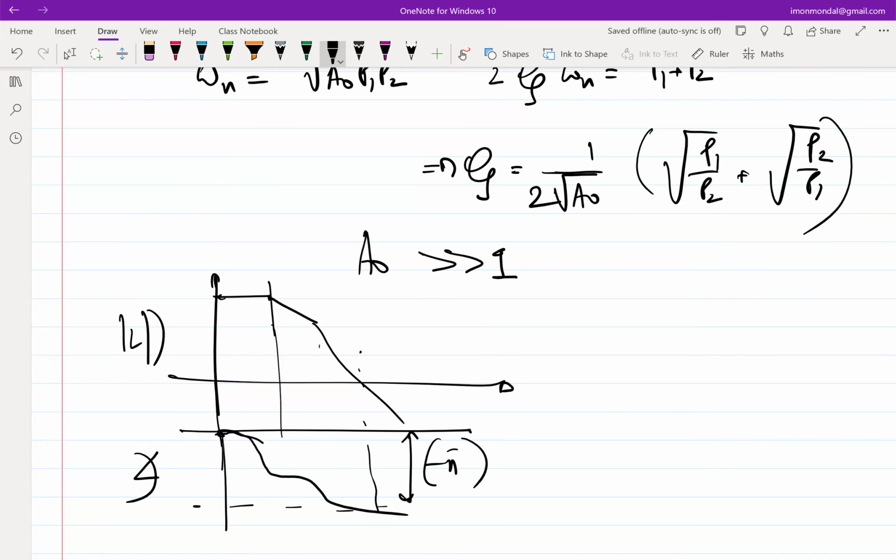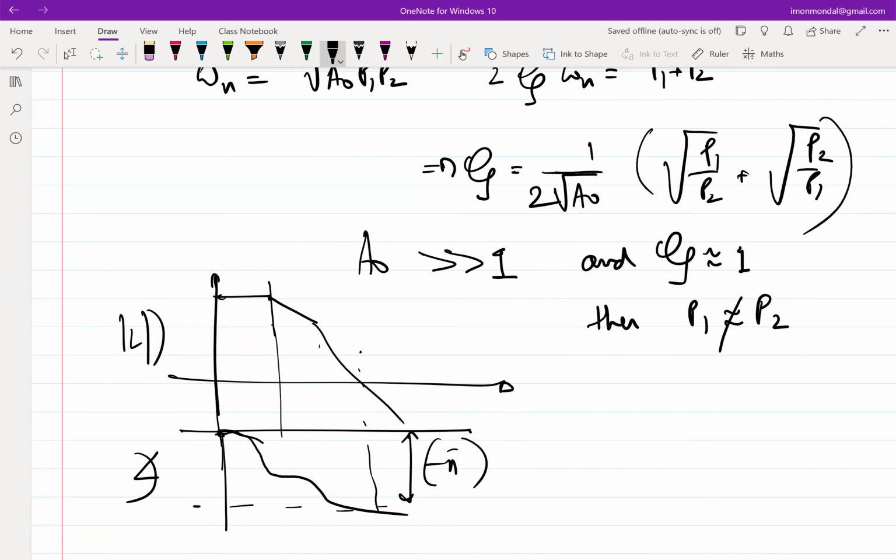So these two observations correlate, right? So if A0 has to be much greater than 1 and zeta has to be approximately equal to 1, then P1 cannot be close to P2, right? So what is the only natural solution? Have P1 and P2 far apart.